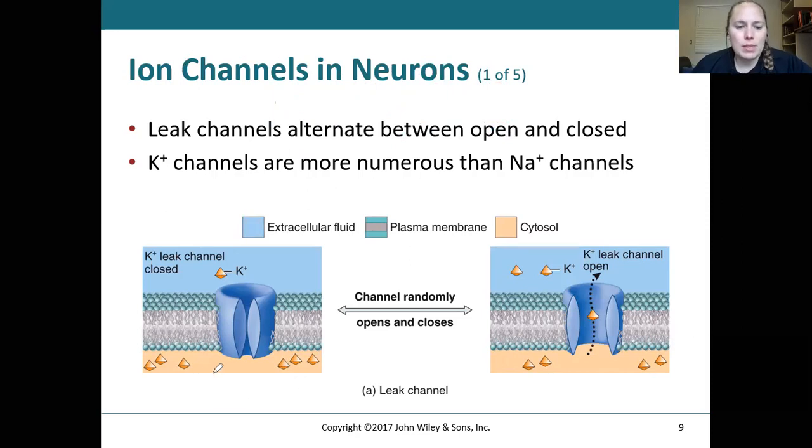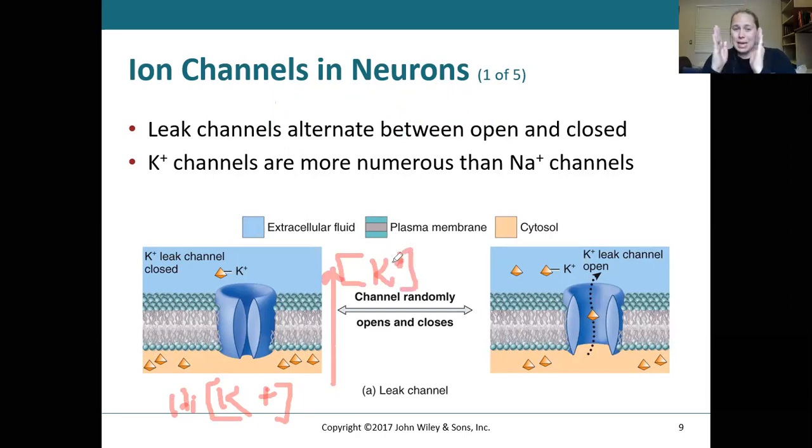And so in the example that we see here, there is a high concentration of potassium inside the cell, and it's basically forcing it to an area of low concentration outside the cell. If you have a leak channel that just spontaneously opens and closes, like a doorway that opens and closes, every now and again a potassium ion sees its chance and just goes outside.